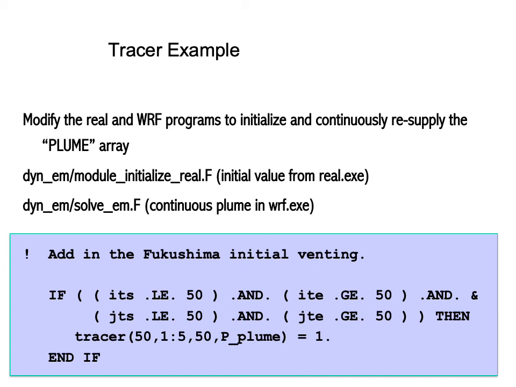And the syntax for that in WRF is P underscore and then the name of the component that we asked for in the registry. So the only change we make in the WRF model is every single time step we reset the first 5 values that are on top of Fukushima to the value 1 in our tracer, and we leave the rest of the tracer alone. So we're adding a continuous source over Fukushima that's coming out.